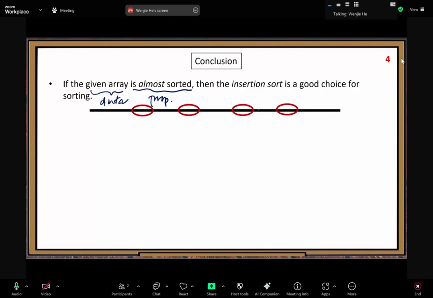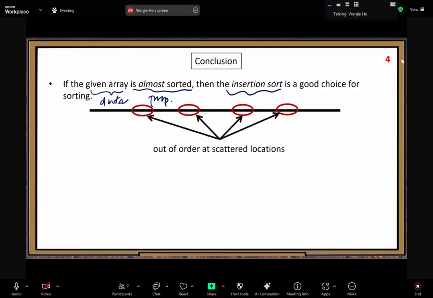Other than these red circles, all the other places the elements are ordered, except these small places not ordered. If your data has this property, then the best algorithm to get the whole array sorted is this insertion sort.